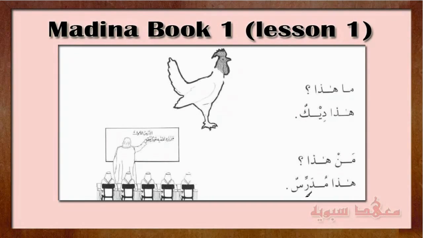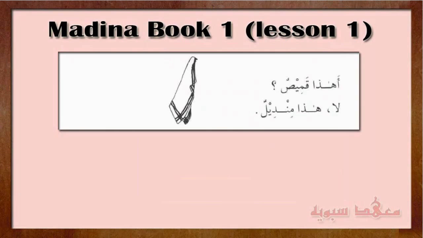Okay, let's continue on. أهذا قميص? Is this a shirt? لا, هذا منديل. So mindil is an object. It's actually one of the patterns of the ism mubalagha, the noun denoting hyperbole. It comes from a root and the mastar an-nadl, which means transfer and removal.